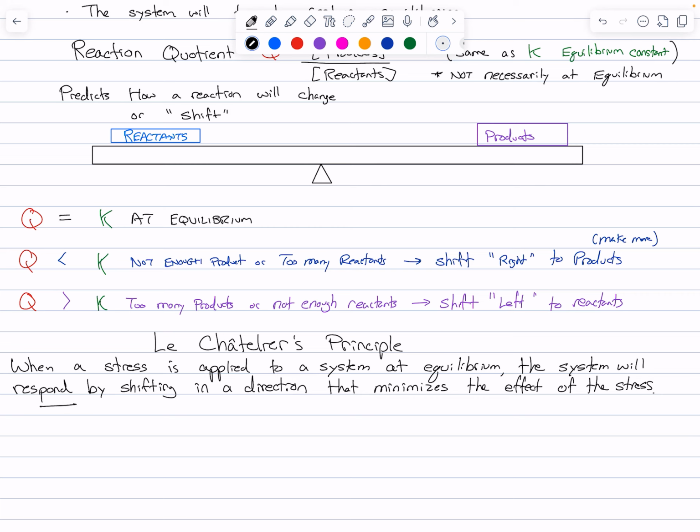Right? The goal is to restore equilibrium.